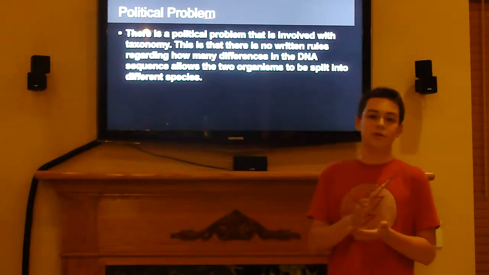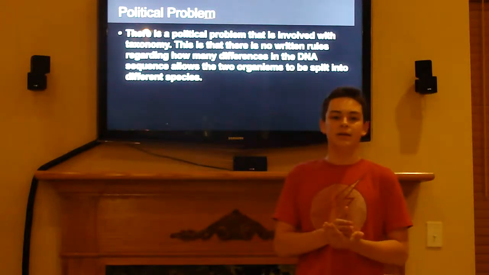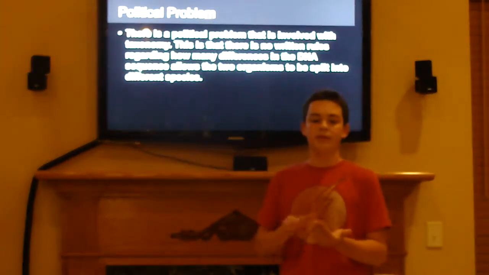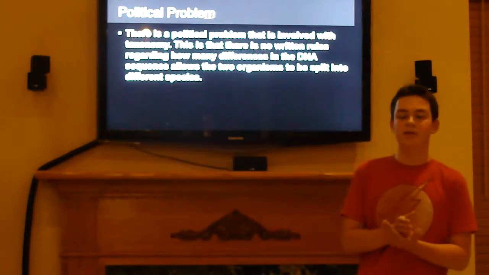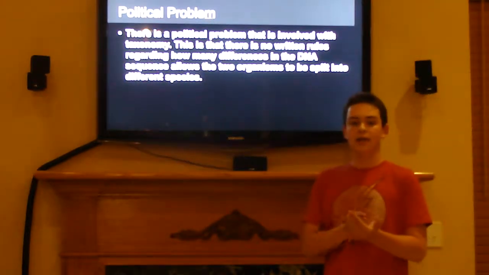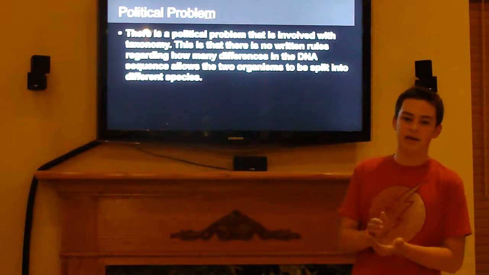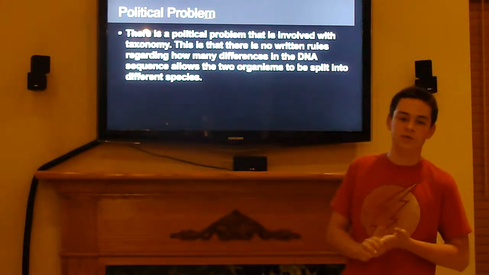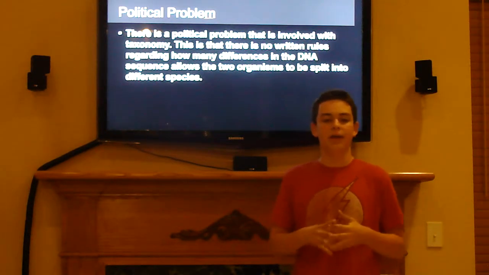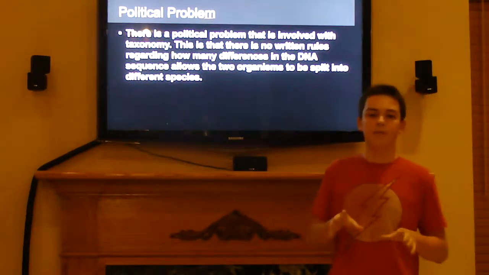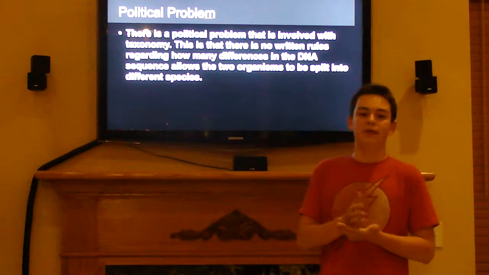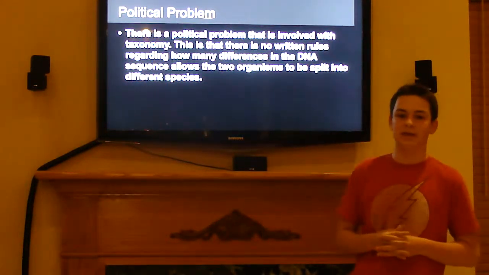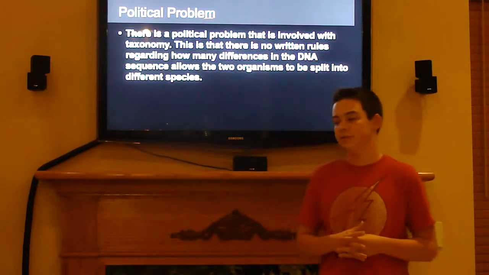Because of this, there is no way for one scientist and another scientist to conclude the exact same thing with identical results. People find it a controversy politically and socially because they do not believe that there are enough of the same beliefs to have all the species be classified exactly the same and separated into two groups.